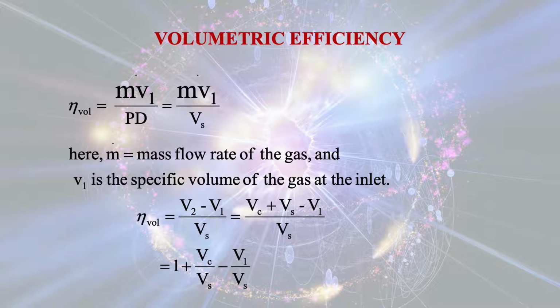Here m dot is equal to mass flow rate of the gas, and small v1 is the specific volume of the gas at the inlet.